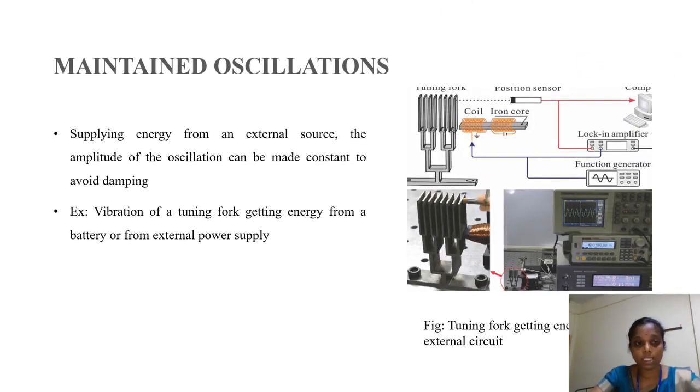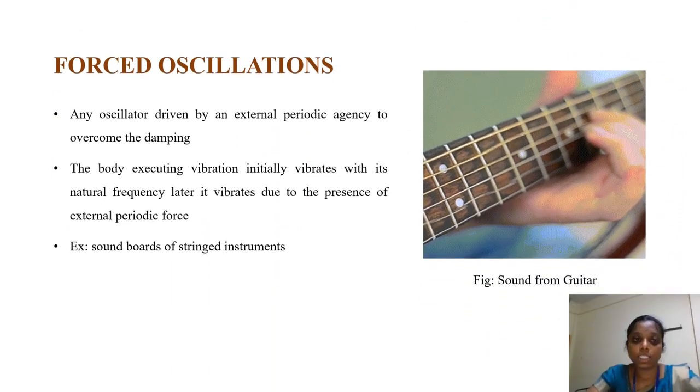Next, maintained oscillation. In maintained oscillation, external energy is supplied to the oscillator by an external circuit in order to avoid the damping. Example: vibration of a tuning fork getting energy from a battery or from an external power supply. Next, forced oscillation.